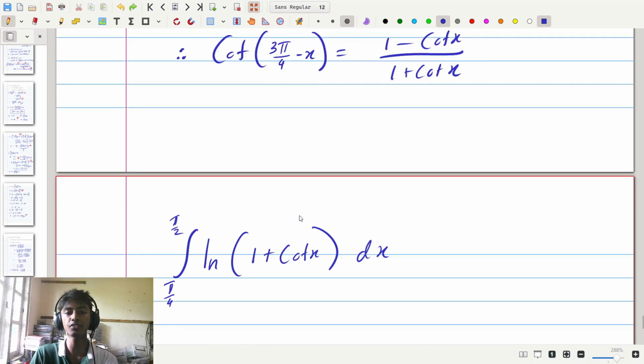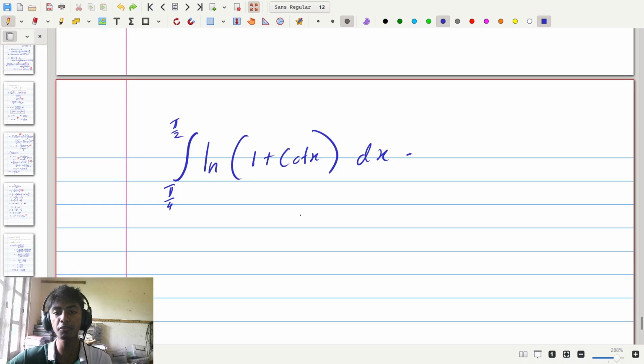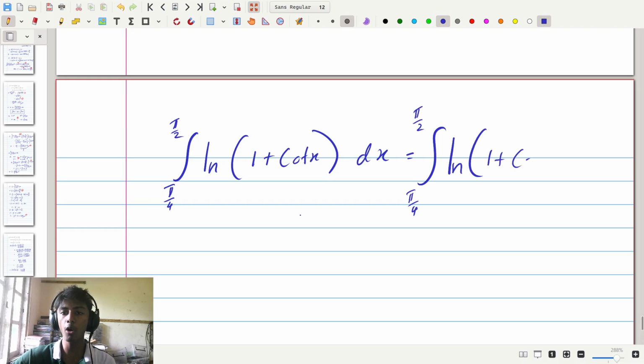So there we can see, instead of x here, I can substitute in the integral from pi by 4 to pi by 2 of the natural logarithm of 1 plus cotangent, and instead of x I can substitute a, which is pi by 4, plus b, which is pi by 2, minus x dx. So we get this expression right here for this integral.